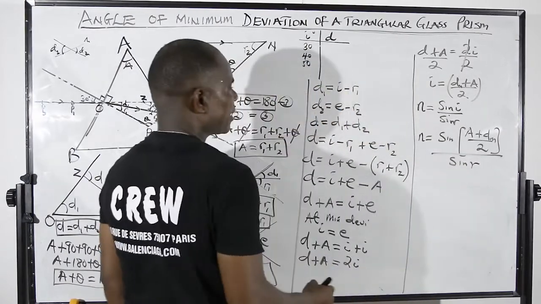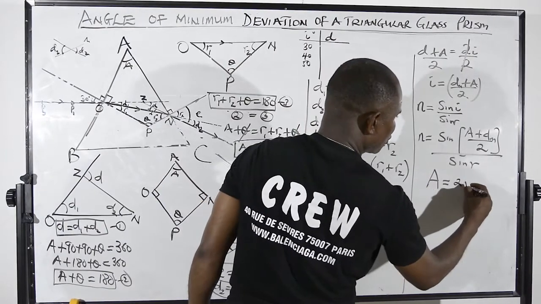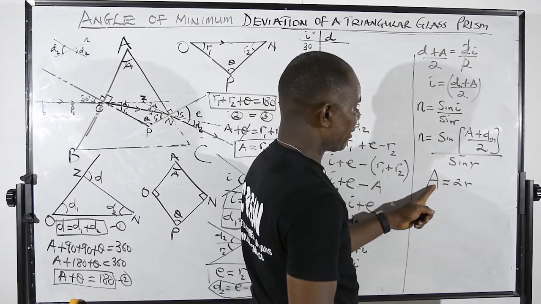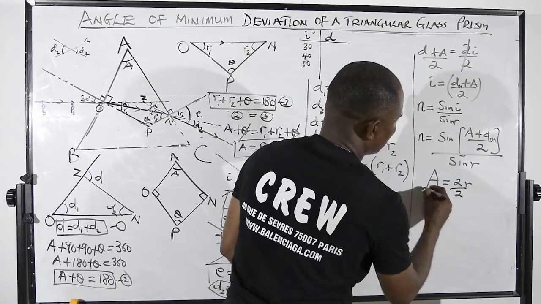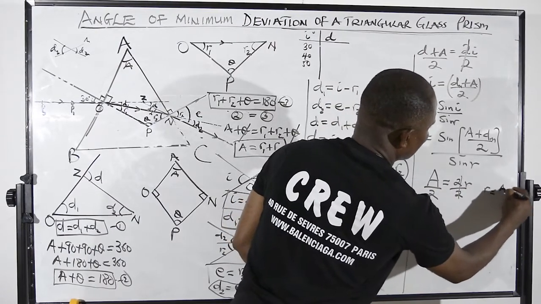But sine R, we know that the refracting angle is equal to twice the angle of refraction. So if I divide by 2, R is equal to A over 2.